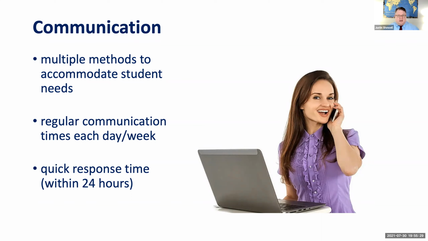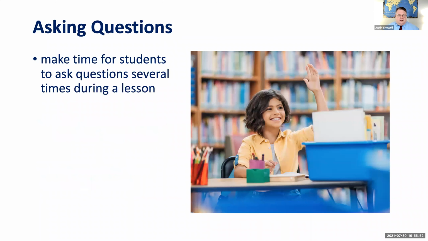But, I give them a time, and I say, hey, if I don't answer within 24 hours, send me another email, or maybe it's 48 hours or whatever time works for you. But students know what to expect. And so they don't feel anxious because they know that you'll respond within a day or two, whatever it is.